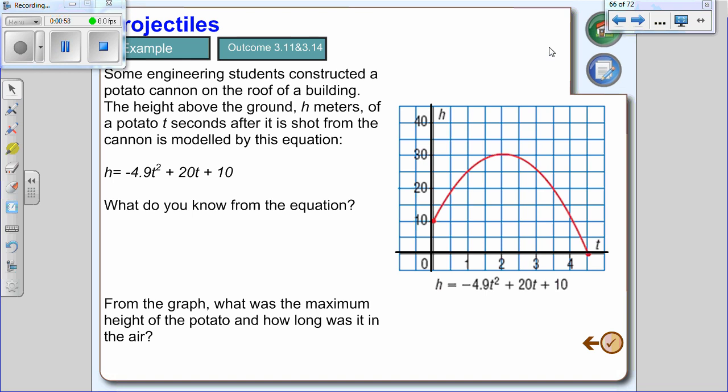Now, we're going to read it and try to draw info from it. If you read it again, it says some engineering students constructed a cannon on the roof of a building. The height above the ground is h meters. So h equals height.